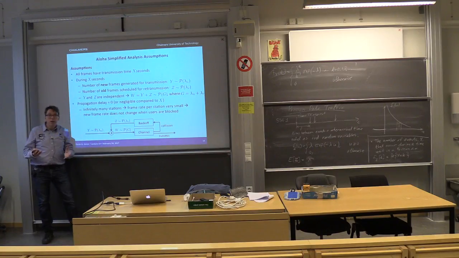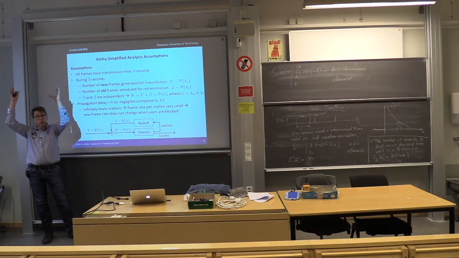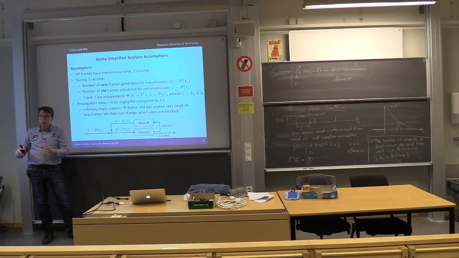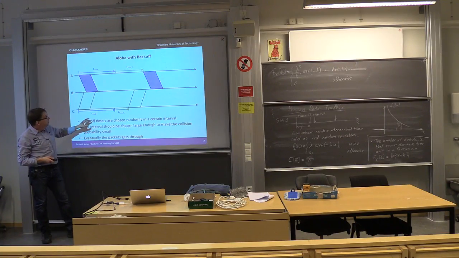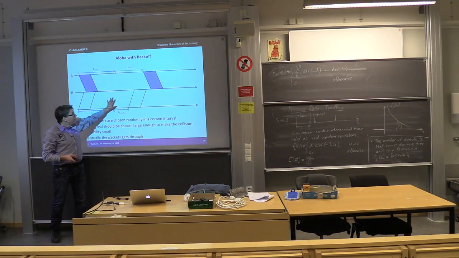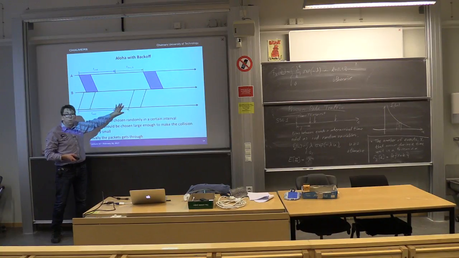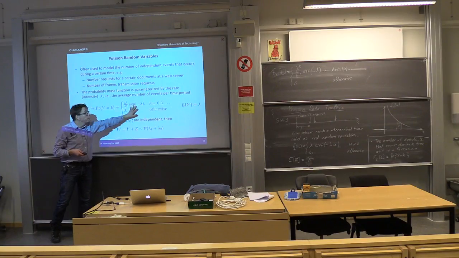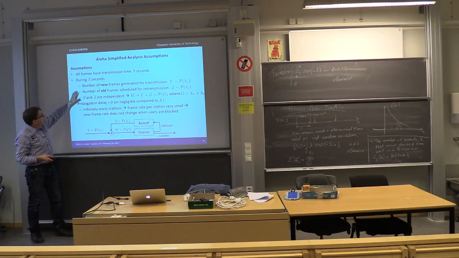So we can think of lambda n as new arrivals from above for all stations, new frames to be transmitted. Now we also have frames that need to be retransmitted, those that are in backoff. We assume that the backoff is such that we can model retransmissions as also Poisson distributed traffic.